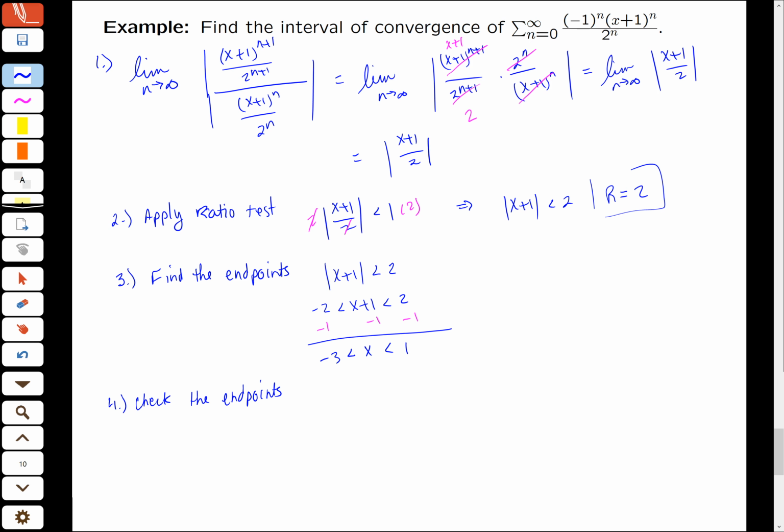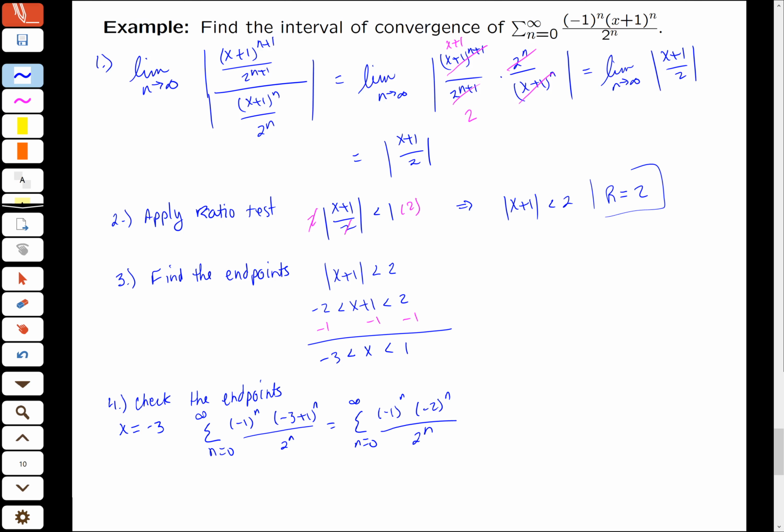So I'm going to check x equals negative 3. Plug that into the original series. What is negative 3 plus 1? Now, watch very carefully.